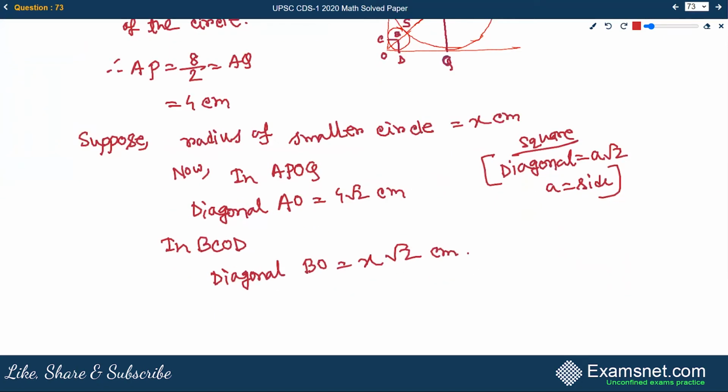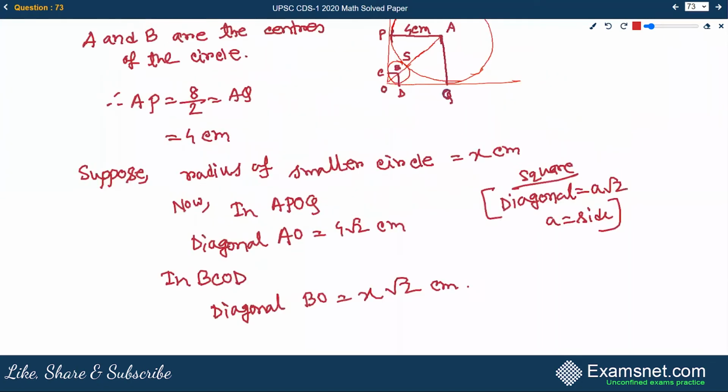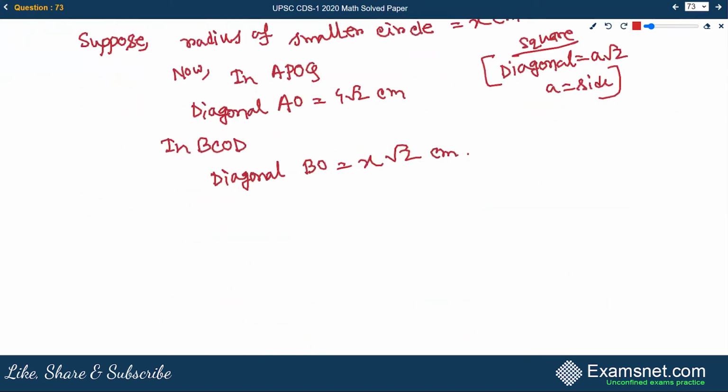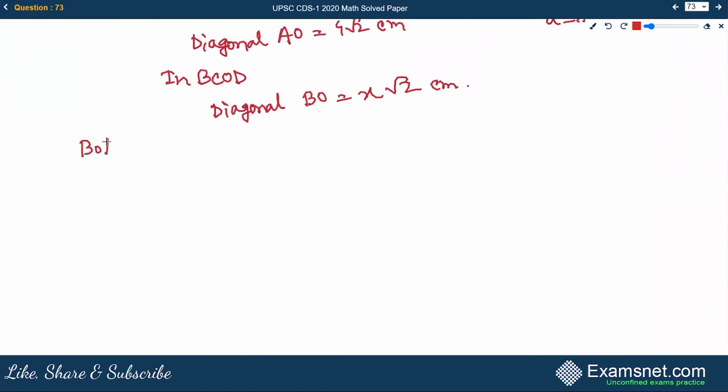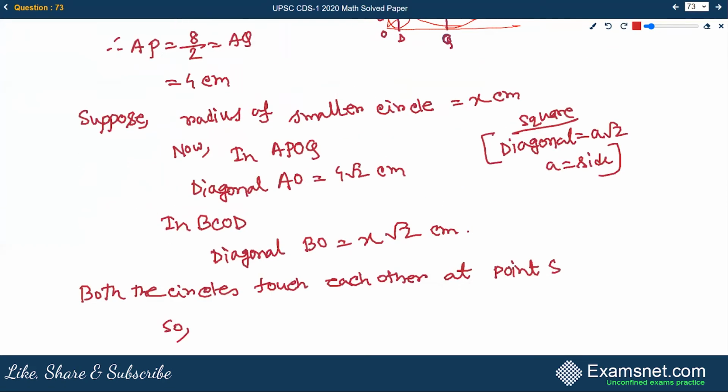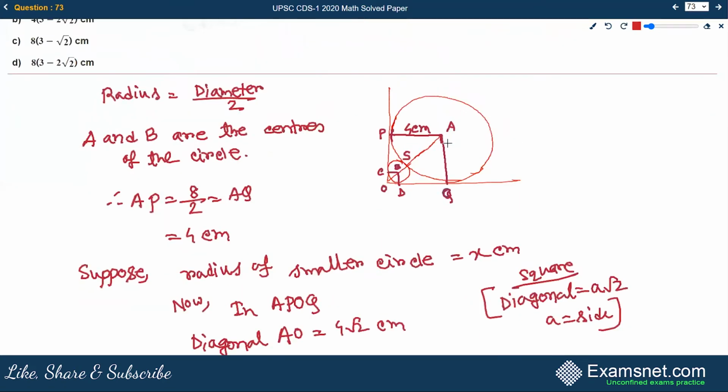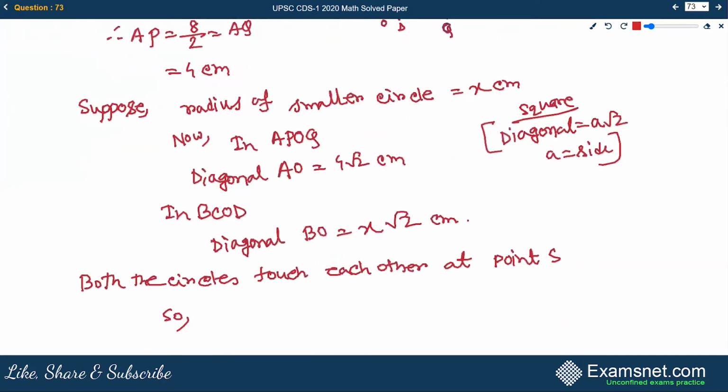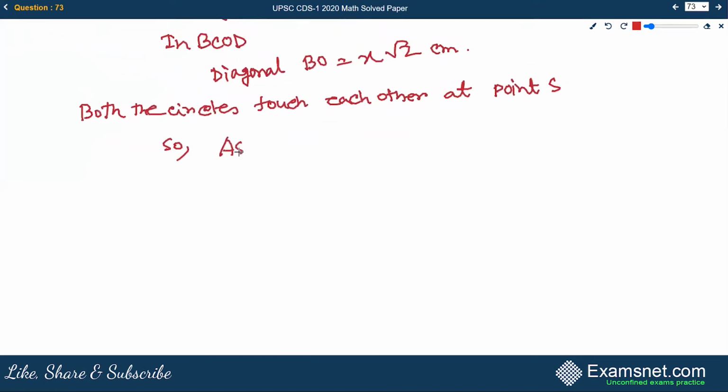Now both the circles touch each other at the point S. So here AS is the radius of the largest circle, that means AS is 4 centimeter.